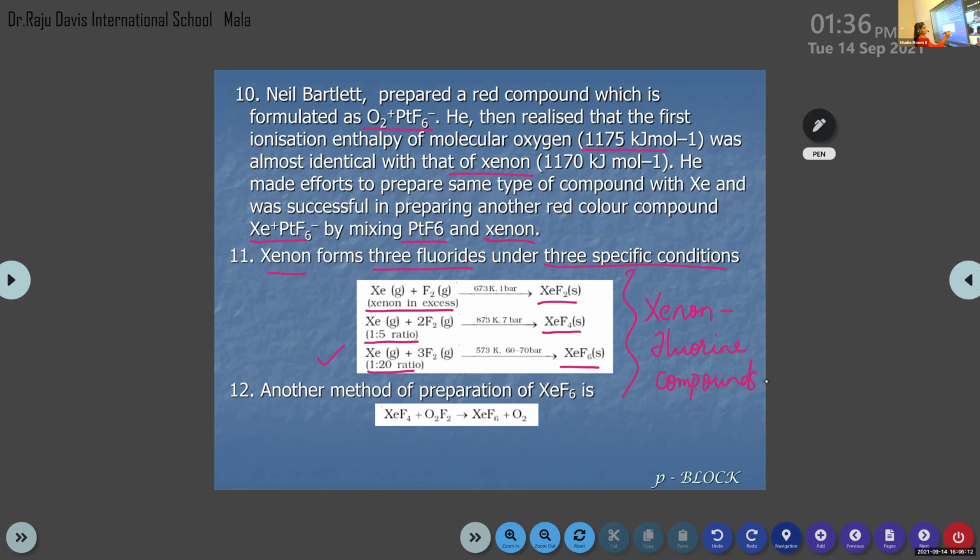XeF6 can be prepared by another method: XeF4 plus O2F2 gives XeF6 plus O2. Interaction of XeF4 and O2F2, and here the temperature is 143 Kelvin.